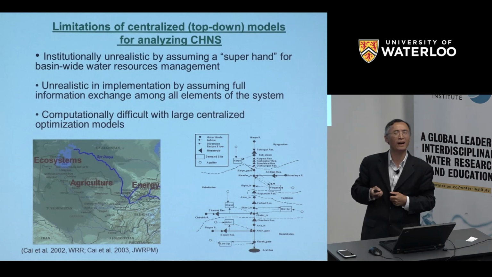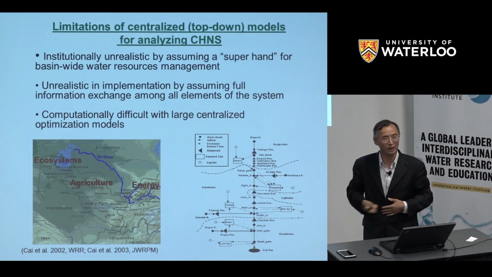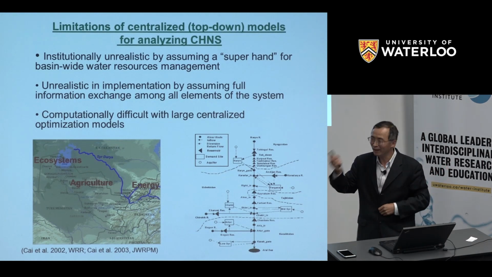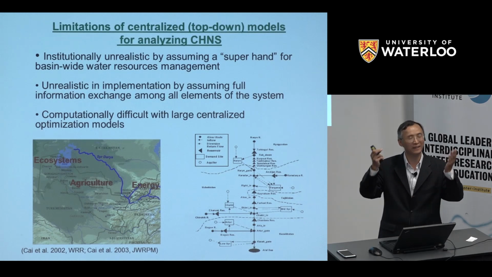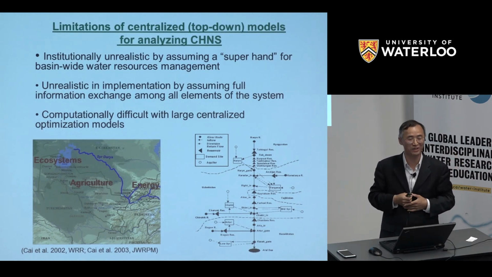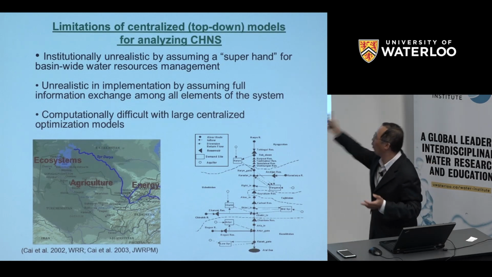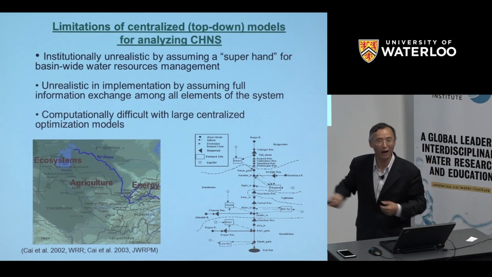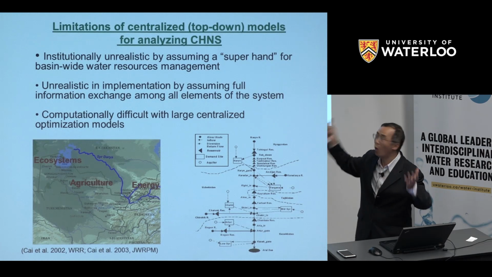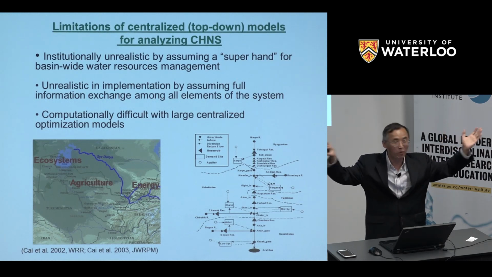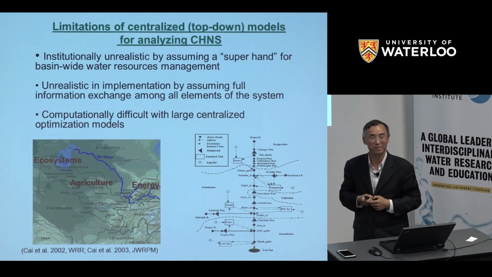But when people ask, is your model really useful? I can say, all right, probably I provide an ideal solution, assuming all sectors and all countries in this basin will follow an invisible hand, will follow an international authority.